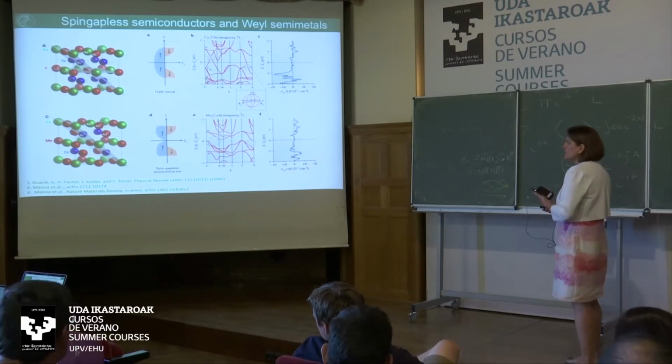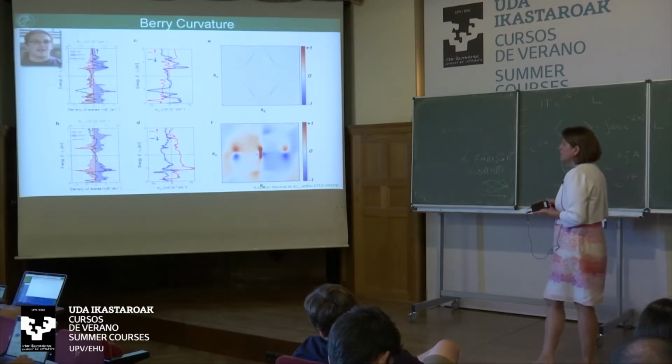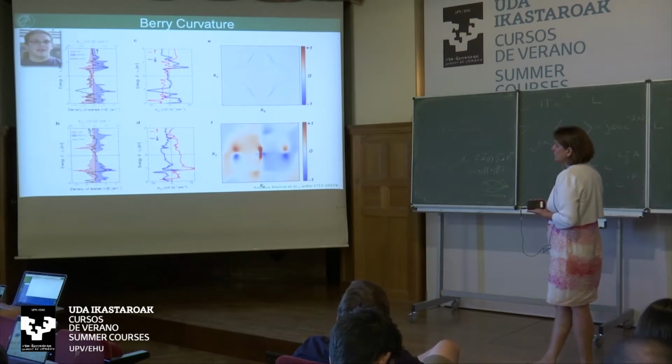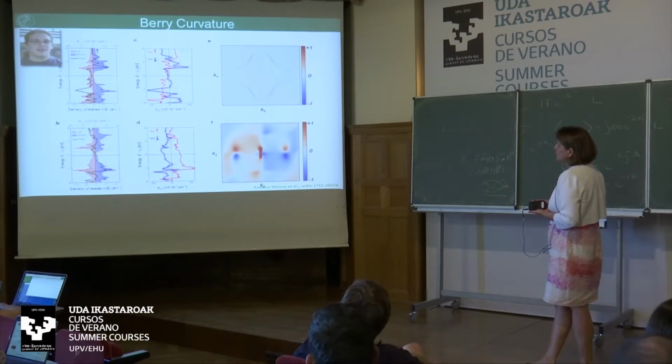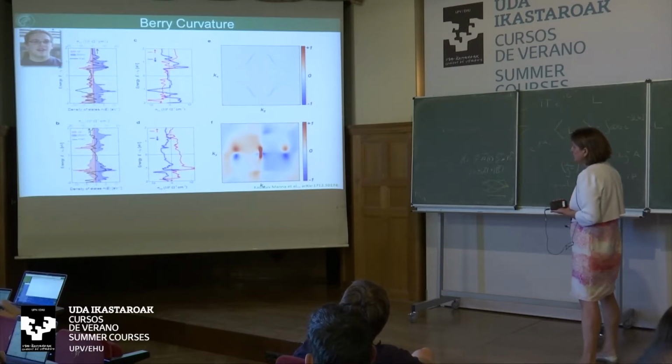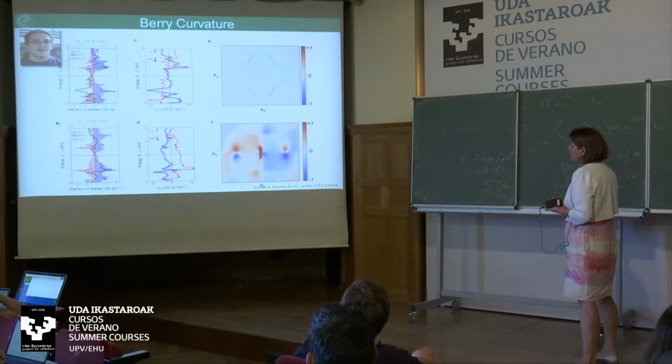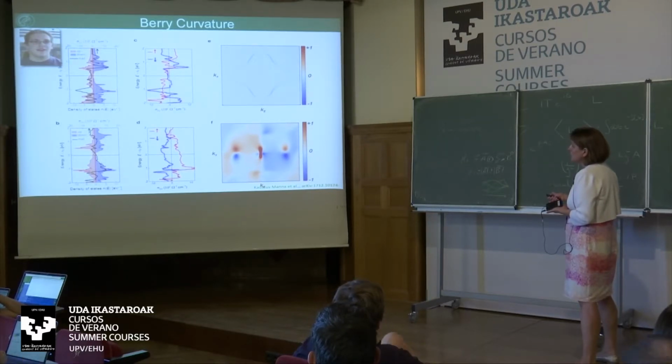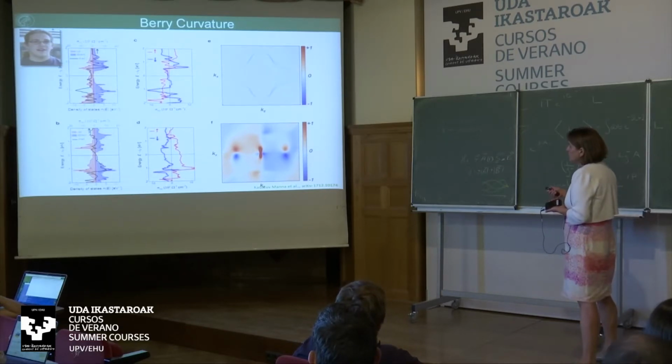Because, if you compare this cobalt to titanium tin, if you have a mirror plane, the Berry curvature is the same in the whole plane here. This is the plane where the mirror plane disappears, and here we have this spin gapless semiconductor where we don't have a mirror plane. So you see the Berry curvature can cancel. Therefore, here we have a large value because where we have the Y points, the crossing points, they add all together up to a high value.